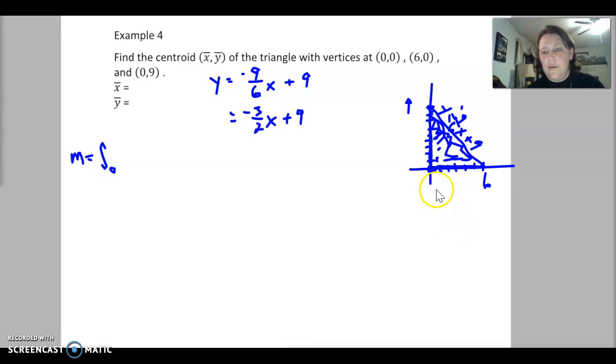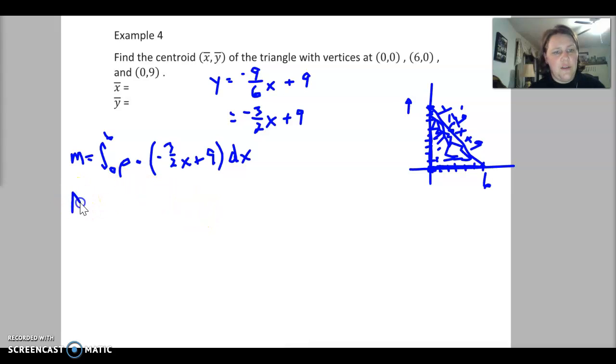So we're going to go from 0 to 6 of rho, which, yes, we're just going to say that that is 1, but we need to remember that it's there in case we're ever given an equation where rho is more than 1, or they actually give us a value of 4, times f of x, which is negative 3/2 x plus 9 dx. And then you can go ahead and find that in your calculator.